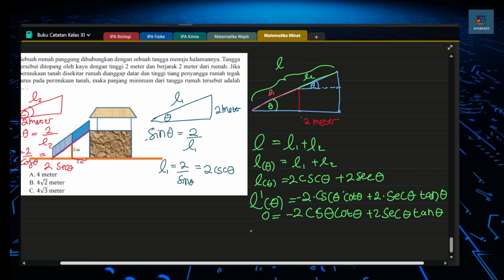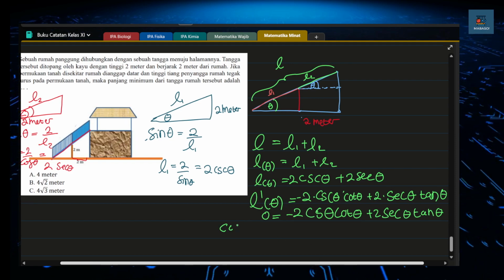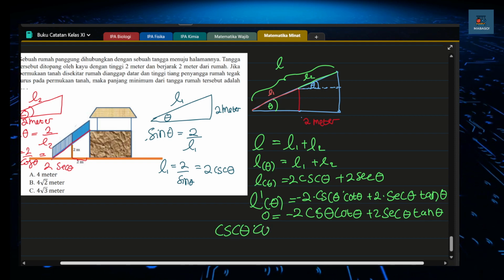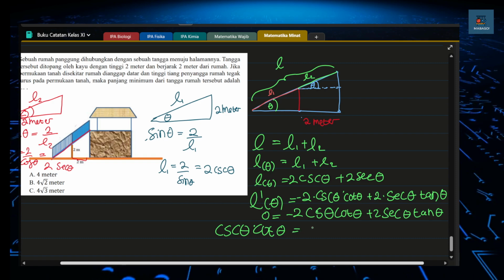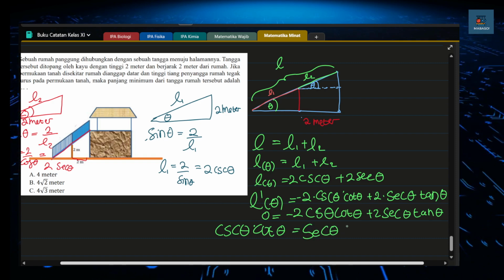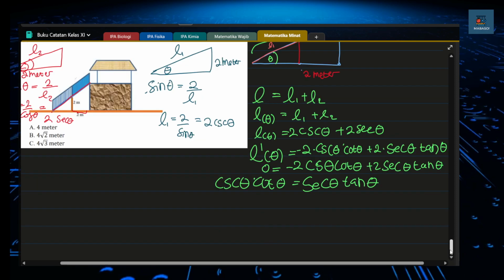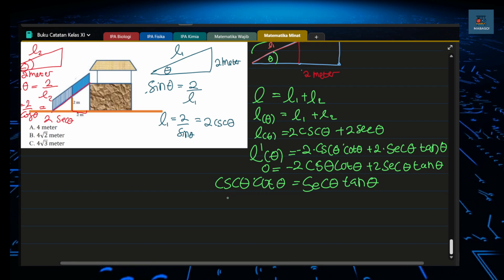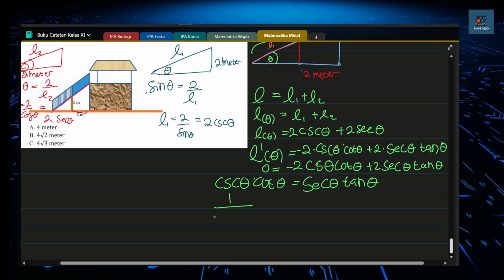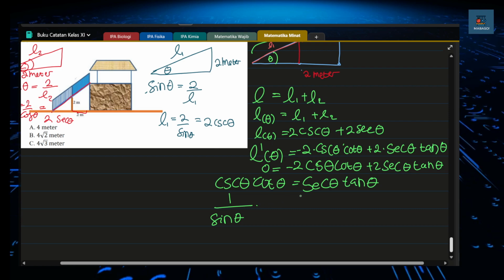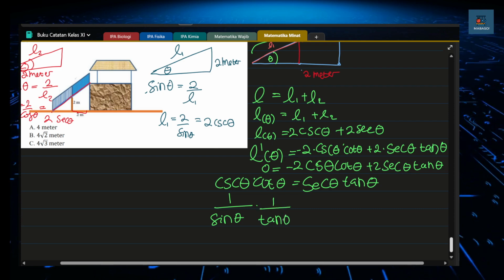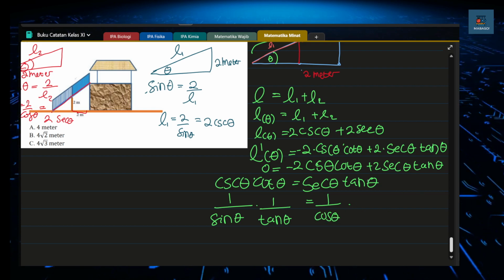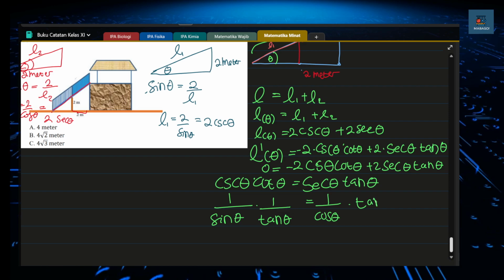Now we could do some simplifications here. This would be cosecant of theta cotangent of theta equal to secant of theta tangent theta. Now, we could expand this. We know that cosecant is 1 over sine, cotangent is 1 over tan, secant is 1 over cosine, and tan is just tan.